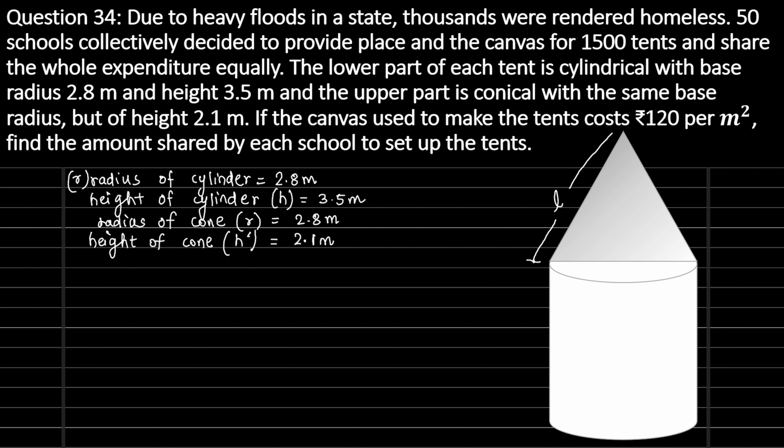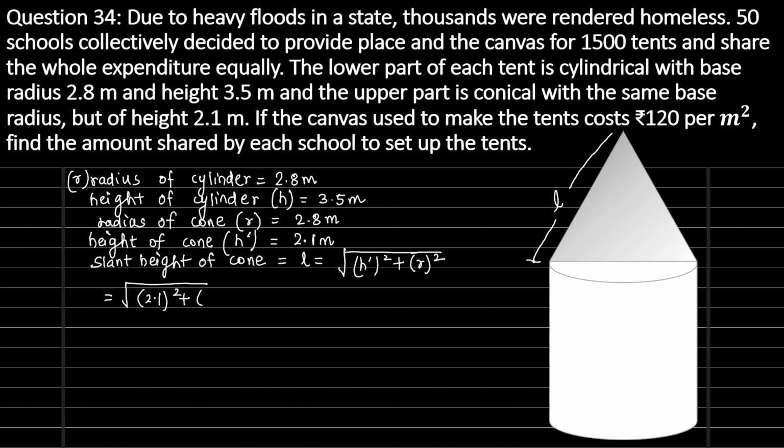In order to find out this slant height, we will be using the formula L is equal to square root of height square. So height of the cone is H dash, therefore H dash whole square plus radius square, so R whole square. Now let's substitute the values. Square root of H dash, 2.1 whole square plus R, which is 2.8 whole square.